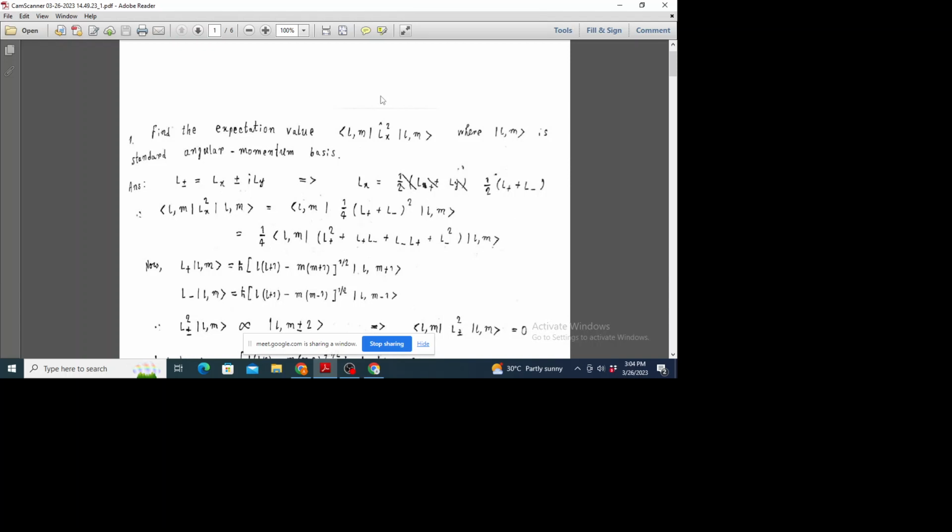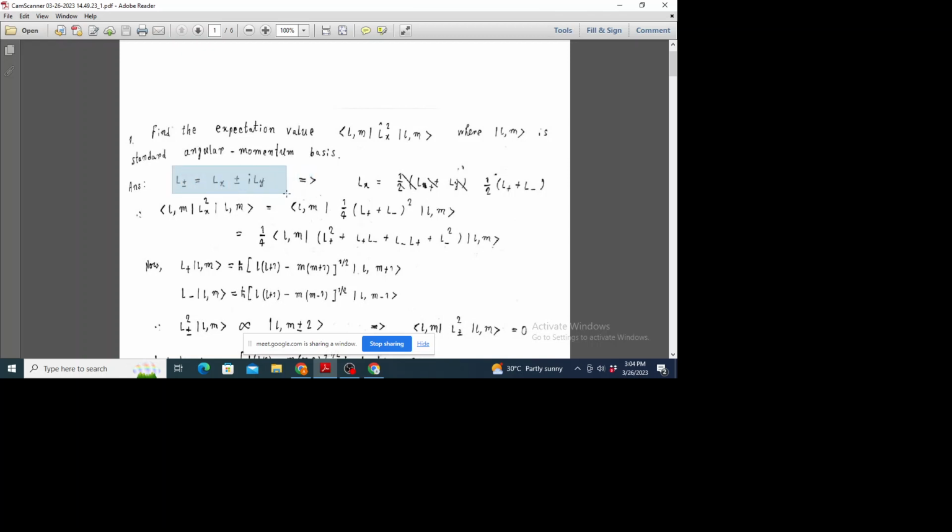We define the ladder operators L plus and L minus in terms of Lx and Ly, and we know that L plus and L minus have a straightforward action on the basis states in the |l, m> basis. So using that we can easily find the Lx squared expectation value.